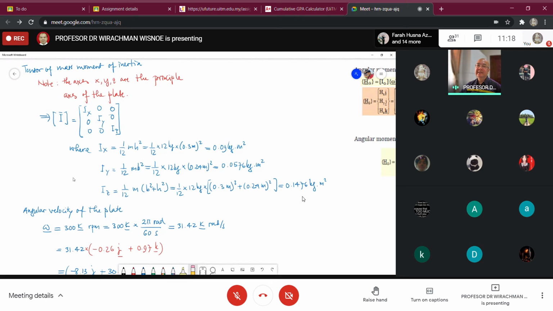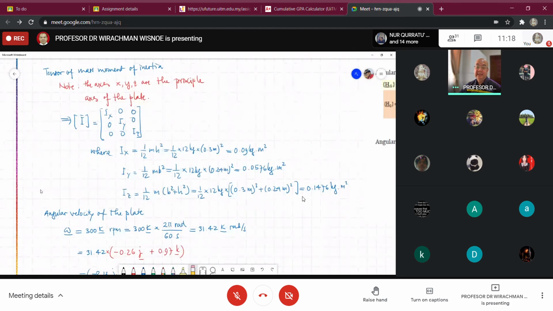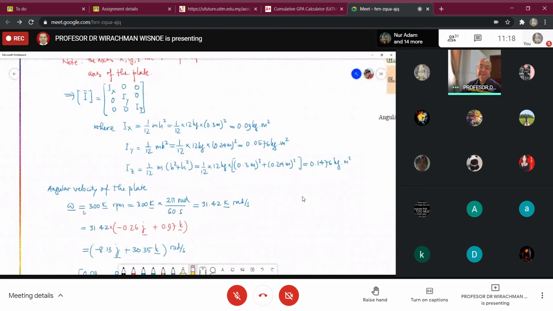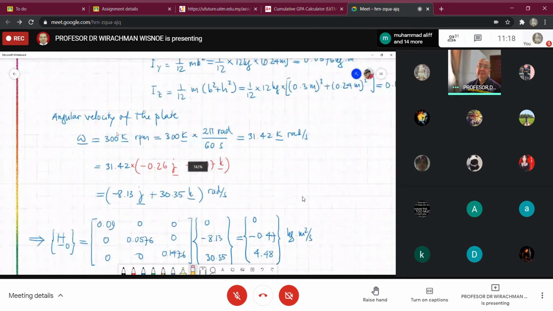So you calculate with that one, with I, and omega, you have the omega expressed in the small x, y, z axis as well. So omega in this case is the omega of the plate. It was initially given in the capital K. You convert to the small reference here, the moving reference.